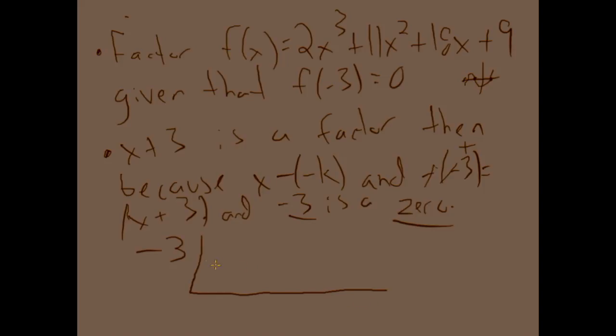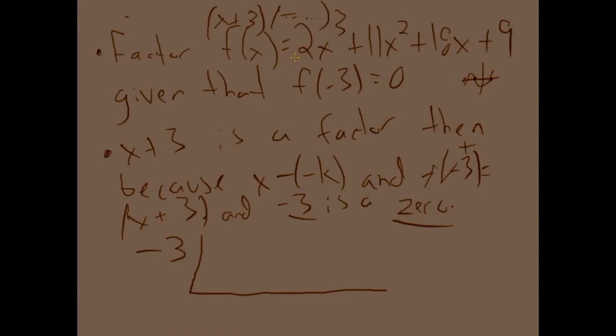Remember I said I could take an x plus 3 out of this? We can take that out and multiply it into this to get the original polynomial, and that's what synthetic division does.